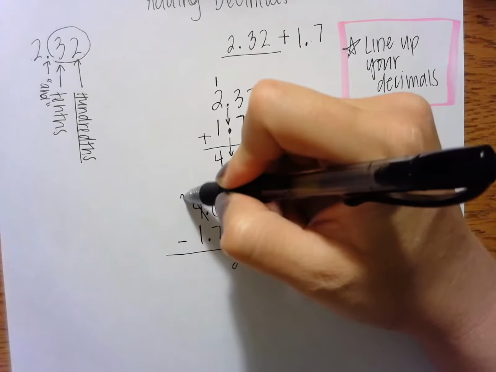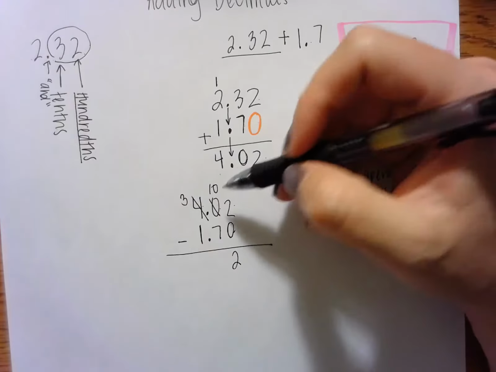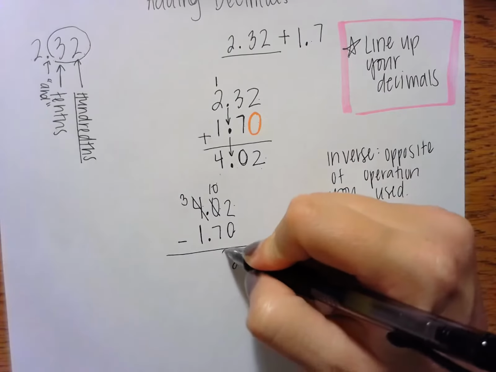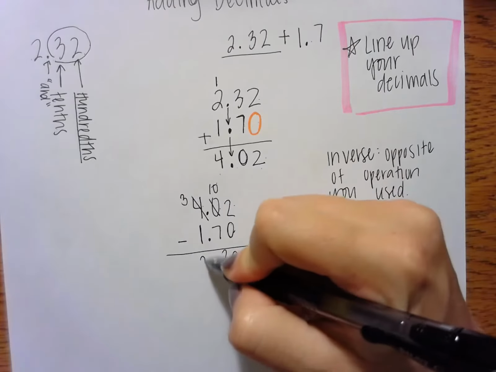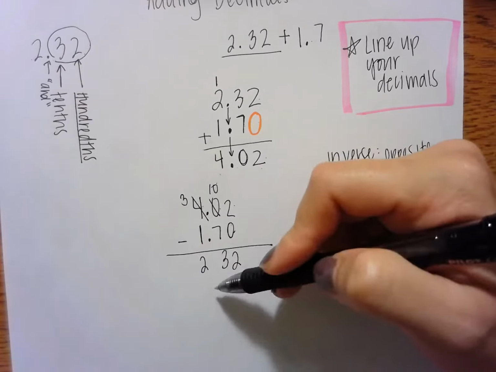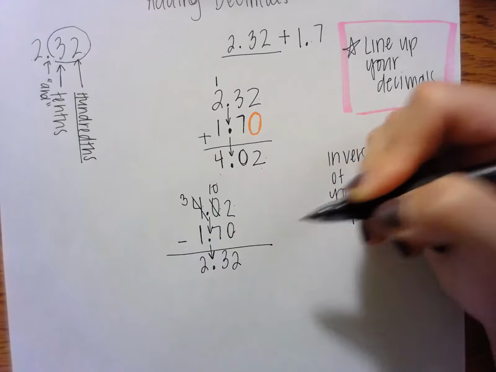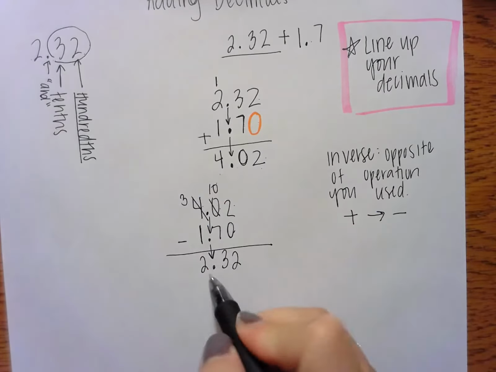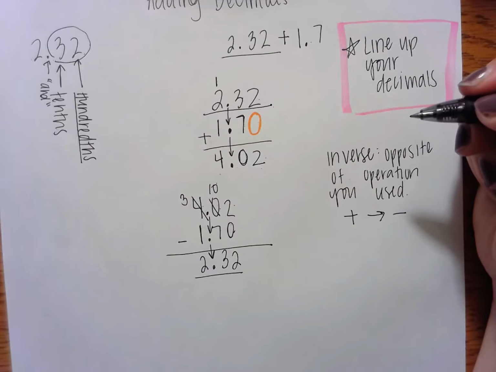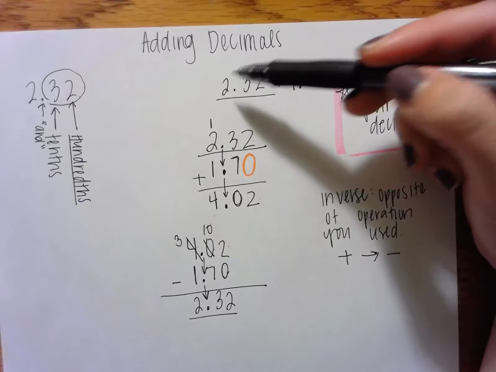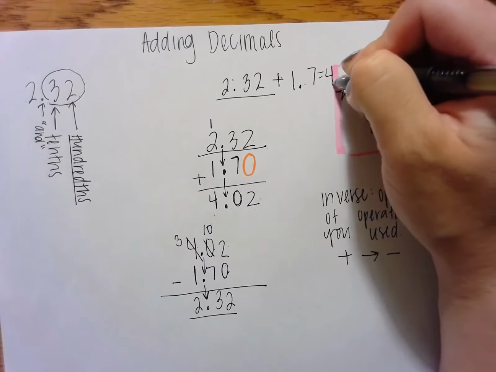That 4 will become a 3, and that 0 will become 10. Now we can subtract. 10 minus 7 is 3, and then 3 minus 1 is 2. Because we kept everything lined up, that decimal just comes straight on down. And we know we're right because this number is the same as our number up there. So we are correct with the answer: 2 and 32 hundredths plus 1 and 7 tenths does equal 4 and 2 hundredths.